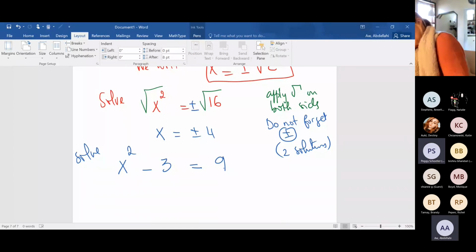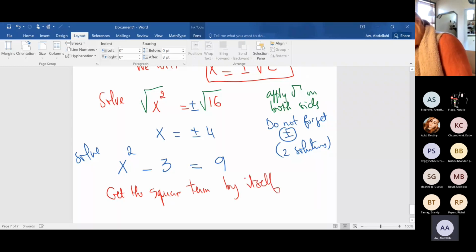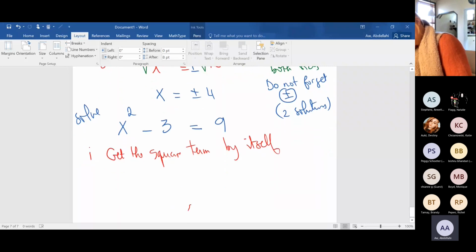No, you have to move the 3 to the other side. Exactly, thank you. So the very, very first step is to isolate the square term. Always get the square term by itself. That's going to be always what you have to do before we square both sides, get the square term by itself.